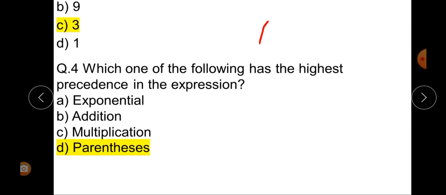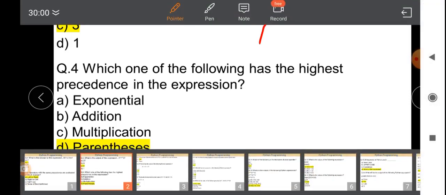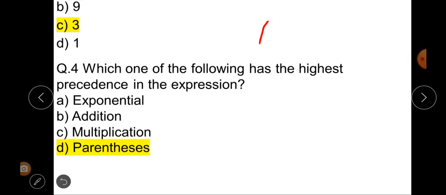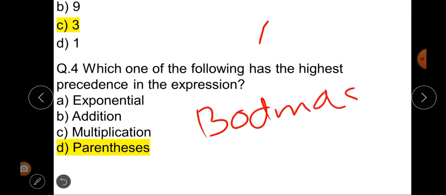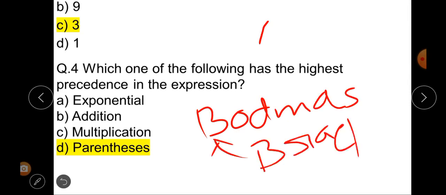Now one thing is very important in this case. As you know, in mathematics we follow the rule of BODMAS, in which B represents bracket. According to the arithmetic expressions used in mathematics, bracket is always evaluated first.